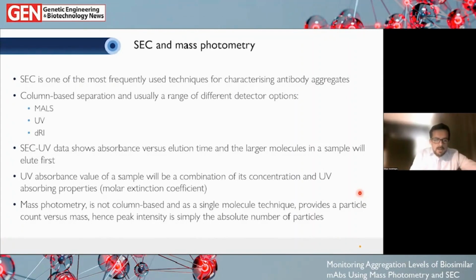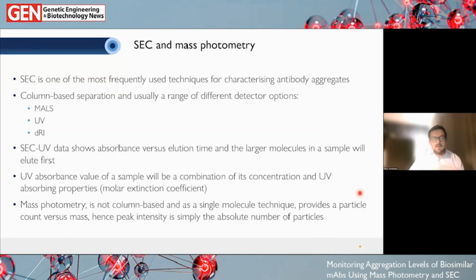SEC-UV data shows absorbance versus elution time, and typically the larger molecules in a sample will elute first. UV absorbance values of the sample will be a combination of its concentration, but also its UV absorbing properties, so the molar extinction coefficient, and that's something I'll come back to further on in the presentation.